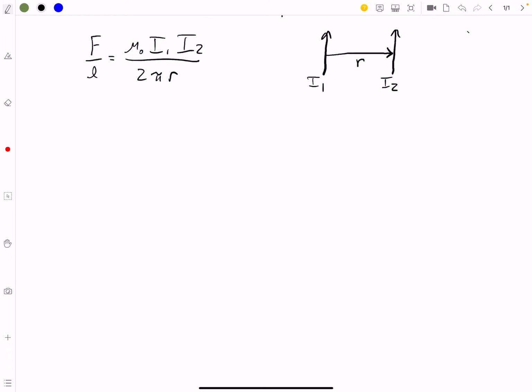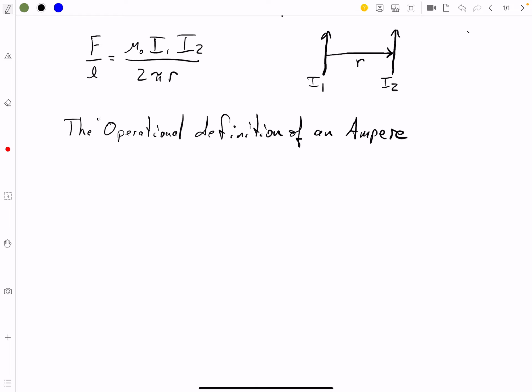So here's the thing that I was leading to in the last lecture, but here is what we call the operational definition of an ampere, which is basically an amp. Okay, the unit.